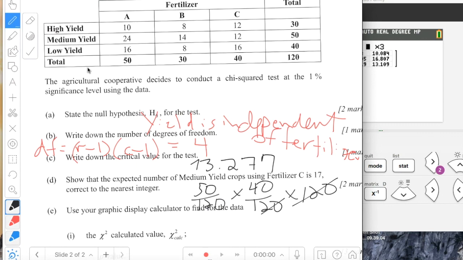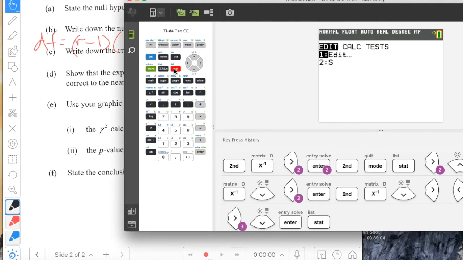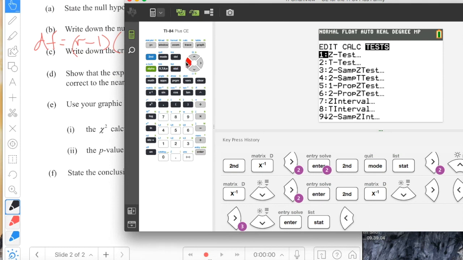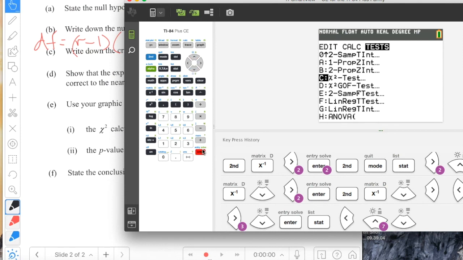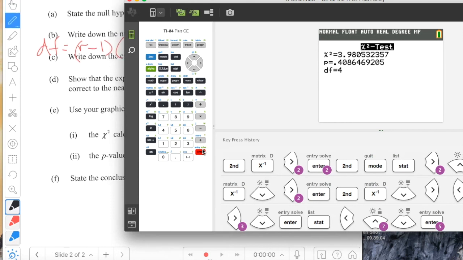Okay, back to the chi-squared question, the calculated value. We got that calculated value off the TI-84. Again, it was stat test C, I think it was. And there's our calculated value, 3.98, to 3 significant figures. And the p-value is also given on the calculator.